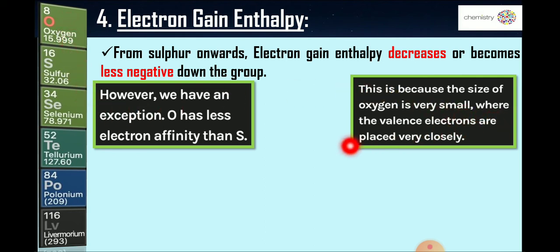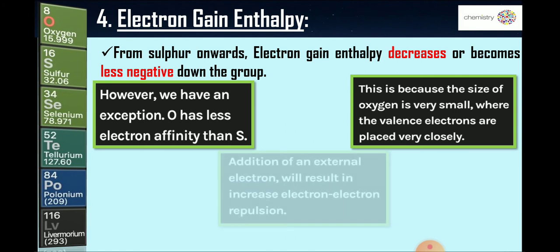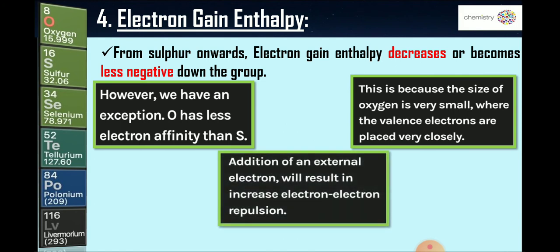The valence electrons are placed very closely. When the atom is small, the orbitals are small, and the electrons are closely placed in the smaller 2p orbitals in the case of oxygen. And in addition to this, we are adding an electron.